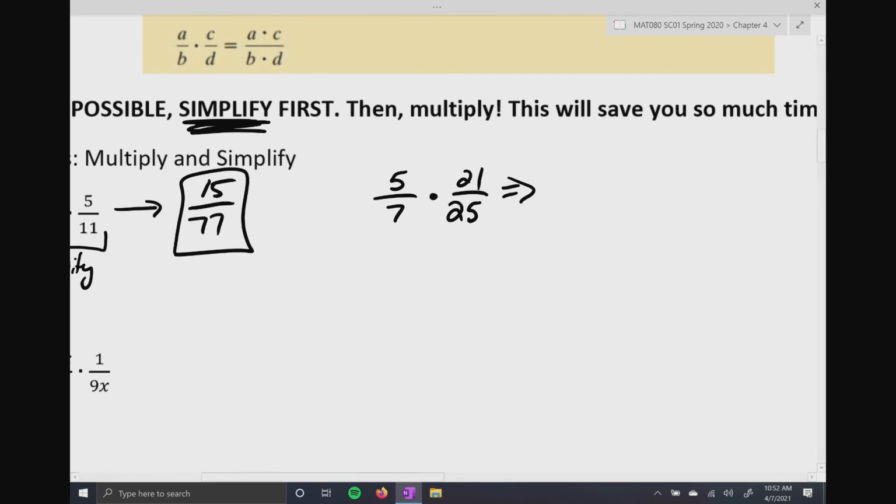I can't break it down any further. The 7 is a prime number. I can't break that down any further. The 21, however, I can definitely break down 21. 3 times 7. Does everybody agree with that? Now that 25, I can break that down. 5 times 5. Does everybody agree with that?